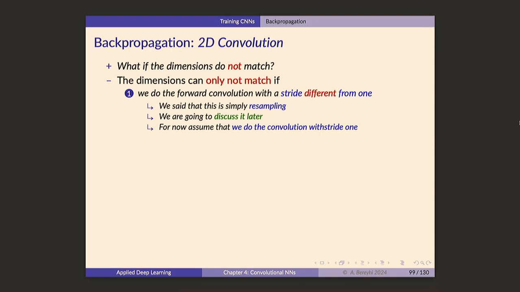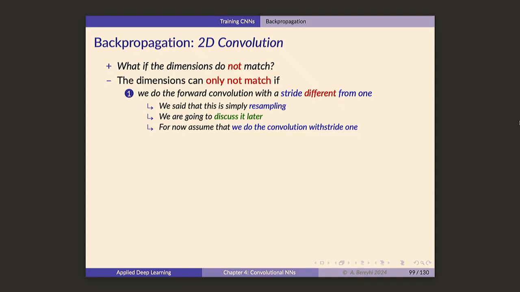The other thing that I might have, even in the example we had, it was 3 by 3, we ended up with 2 by 2, right? Now, if I want to convolve one filter 2 by 2 by a map of 2 by 2 and end up with 3 by 3, how can I do it? We did it in the example. Zero padding, right? So as long as the stride is 1 and you do proper zero padding, you're always going to end up with the right dimension, right?